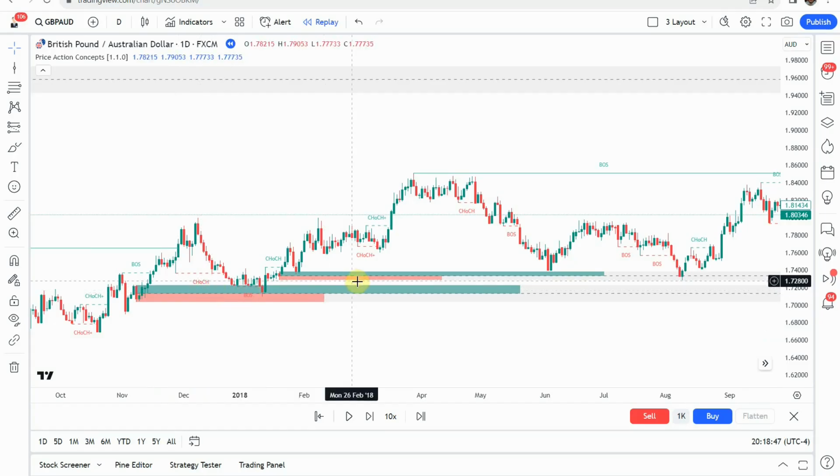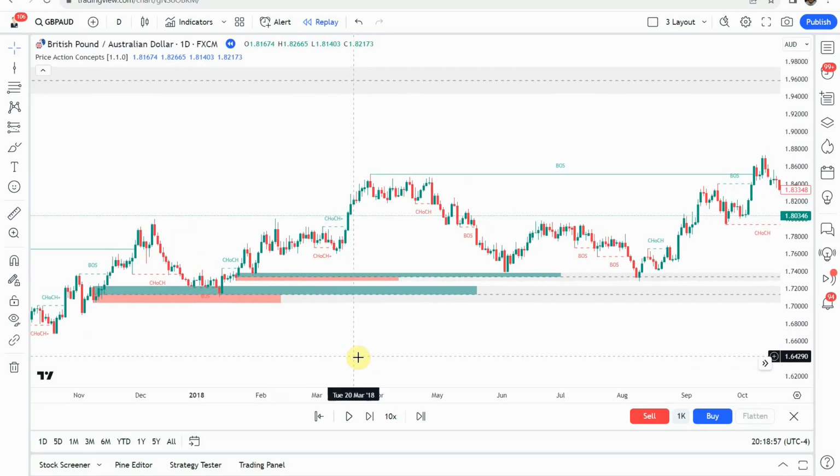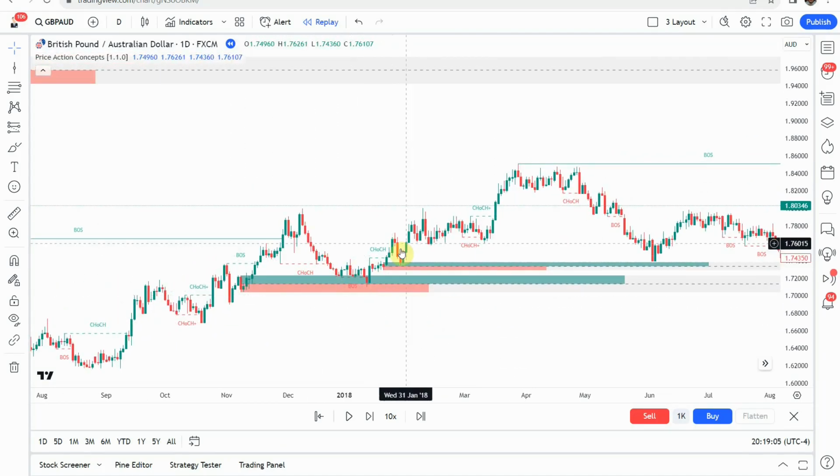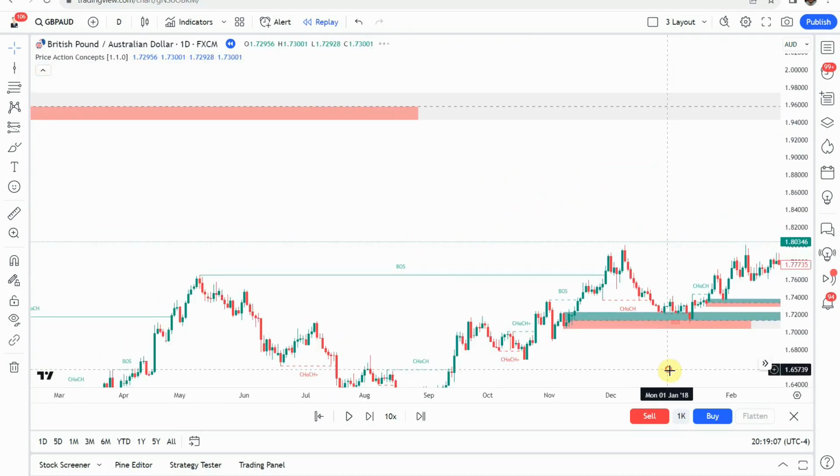So you can see here that it has a really long green bar. That means that this was a bullish volumetric order block area or zone. And so basically you would be looking for buys in this area, for price action to hit this area and bounce off to the upside.